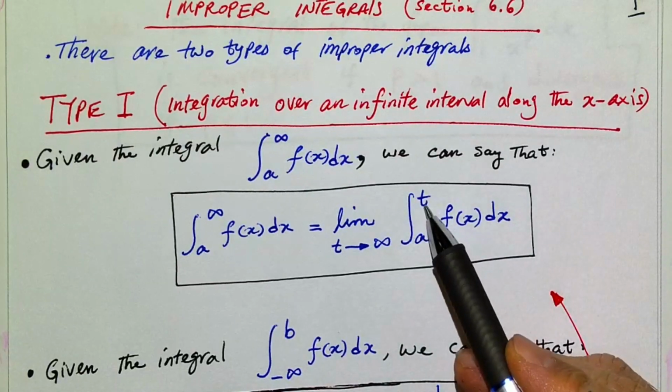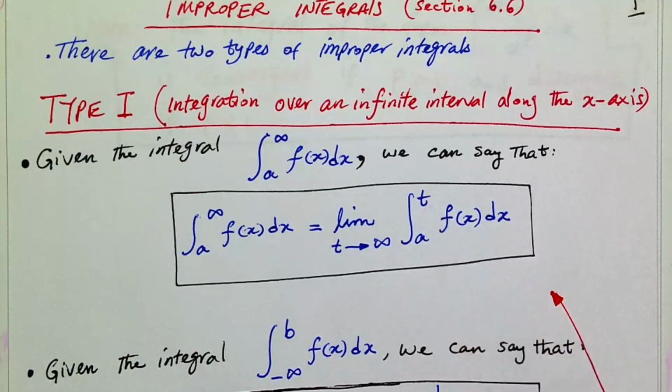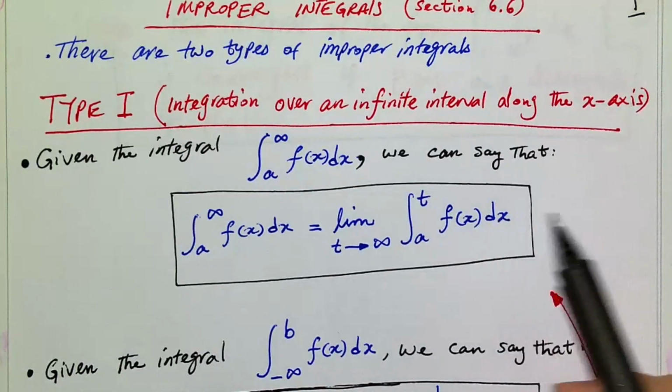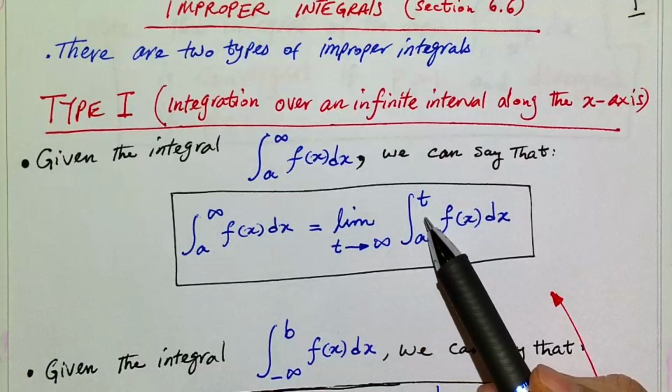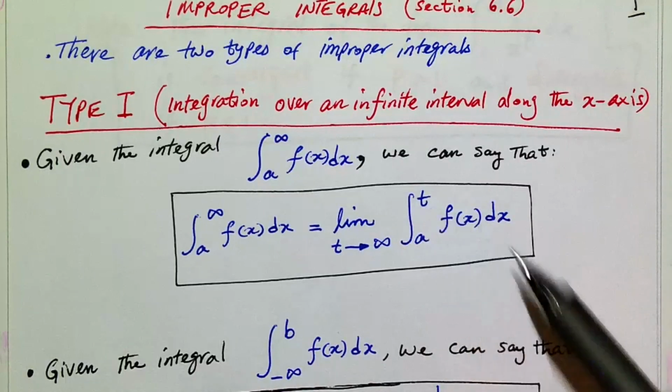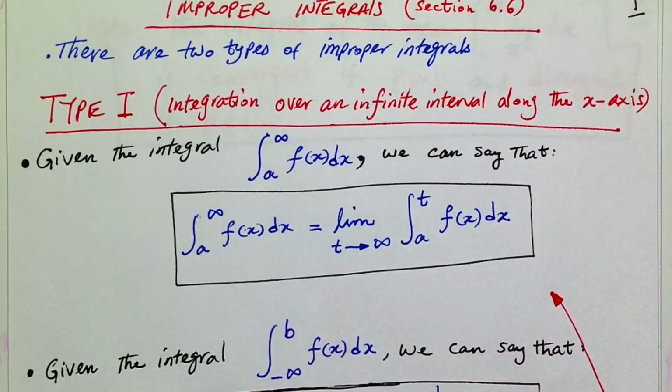You can use any other variable, but we normally use u and v for substitution, especially when we discuss integration by parts, and x is the normal variable of integration. So I'm guessing that's why the author of your book chose t as the variable when we take the limit of an integral.